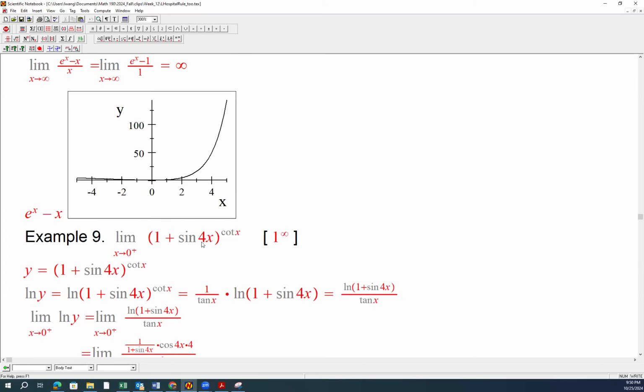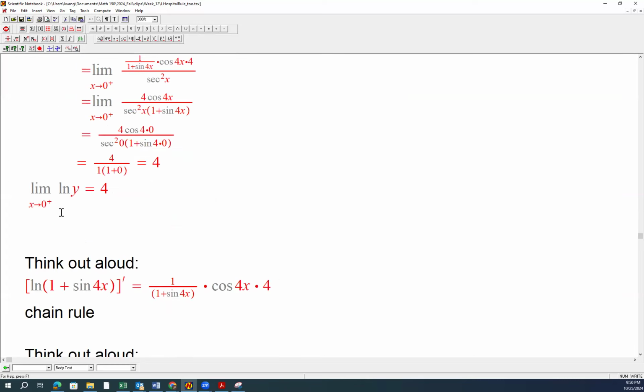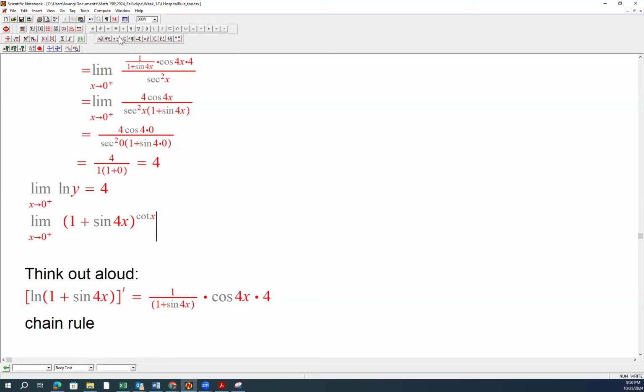This is what we wanted, and this whole thing is really y, right? And how is y related to ln y? Well, y is related to ln y by e raised to the power of ln y.